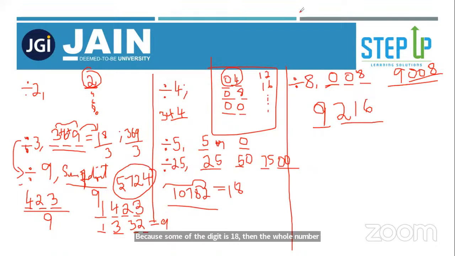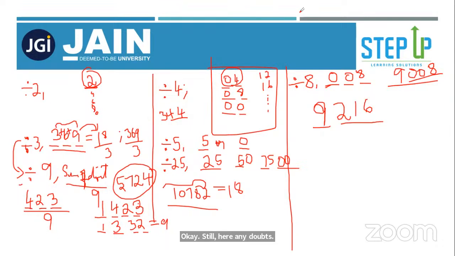Yes, there is a rule for 7. I'll give you. There is a rule for 7. Okay. Till here, any doubts? That's fine.